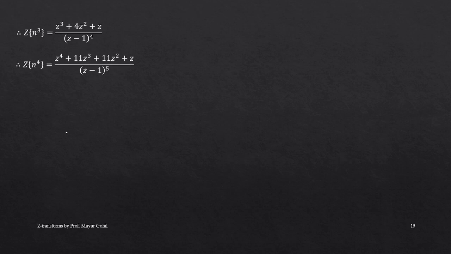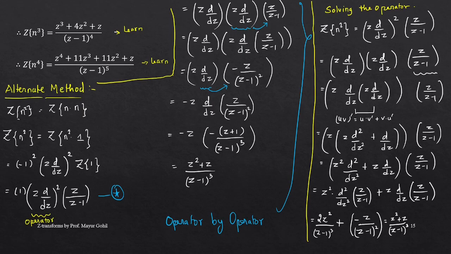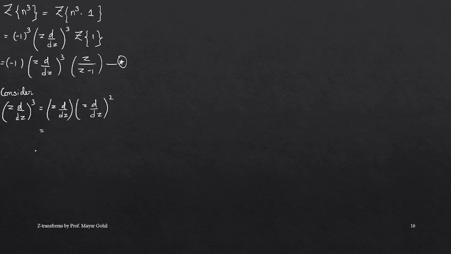The value for this operator is z square d square over dz square plus z d by dz. So we now write here that z d by dz, and this will be z square d square over dz square plus z d by dz.